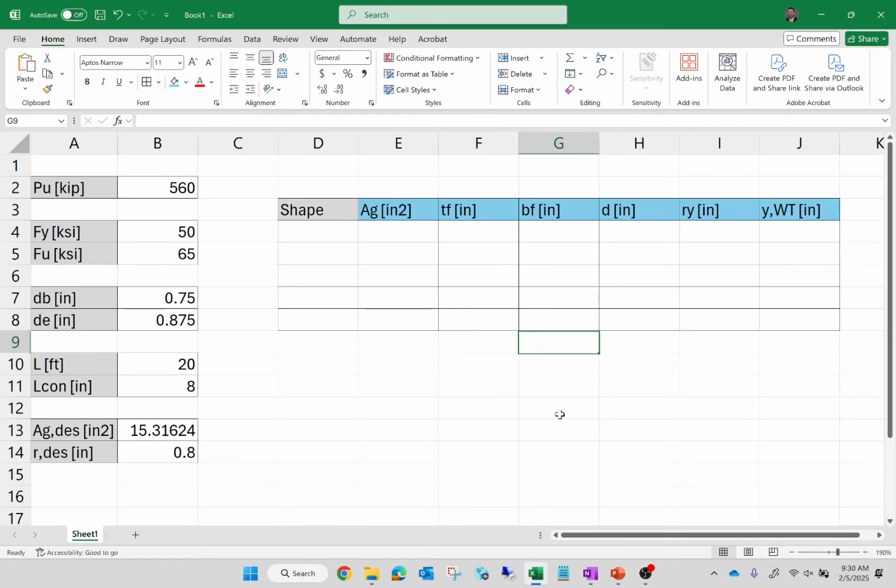Okay, so which shapes did we say we're going to do? W14, W12, W10, W8, right? That's what we said. Let's start off with W14. Somebody find me the first W14 they can in the manual that satisfies these two.